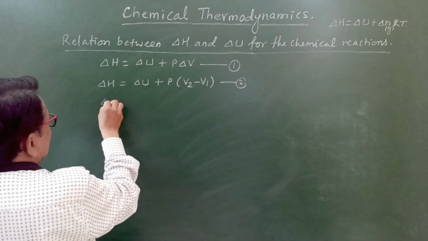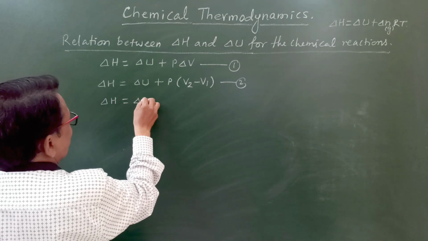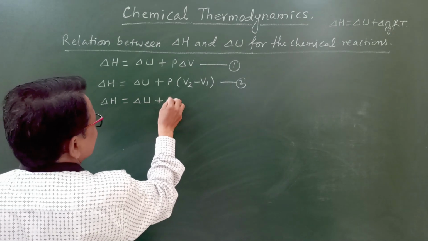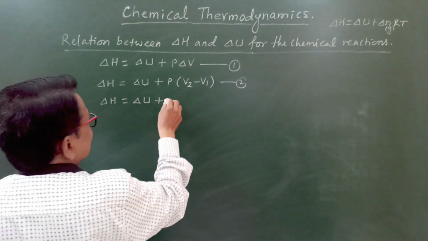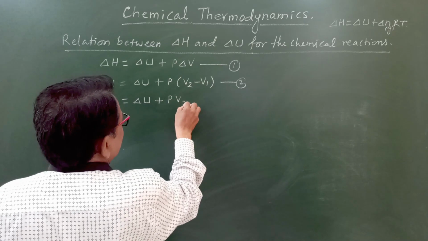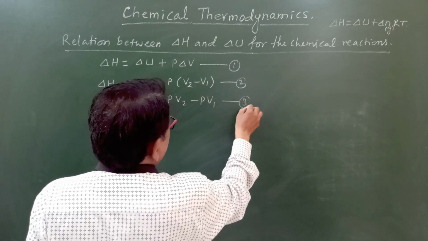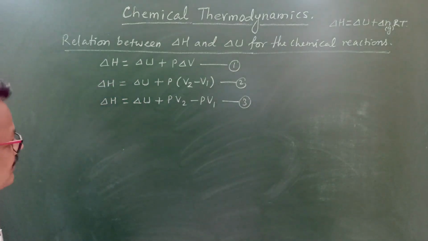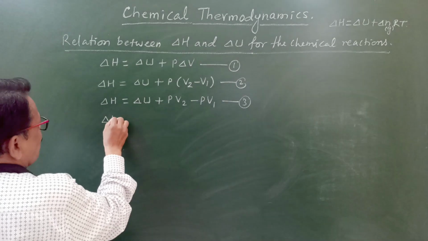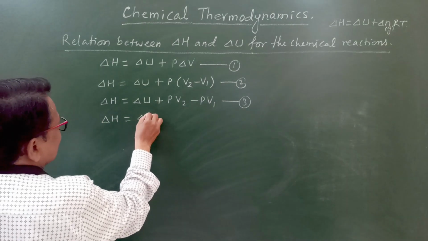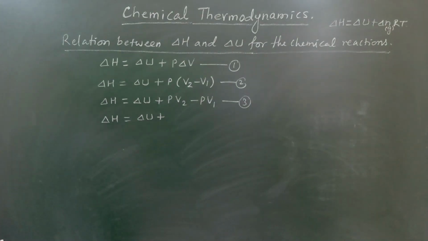Then delta H is equal to delta U plus, if you multiply the bracket by pressure, we will get PV2 minus PV1. Suppose this is equation 3. Here delta H is equal to delta U plus PV2 minus PV1.